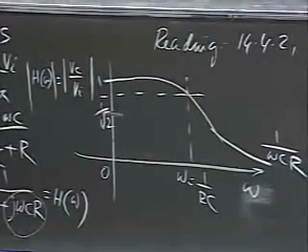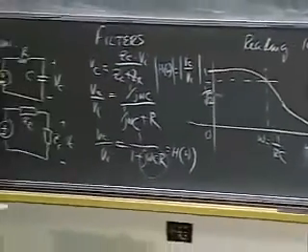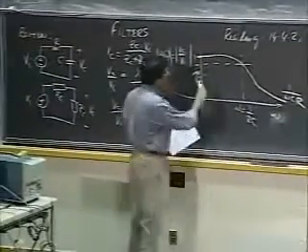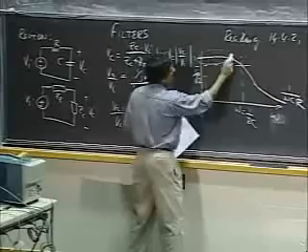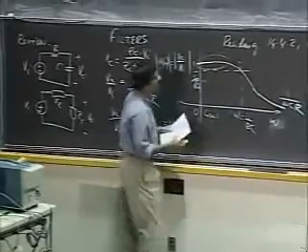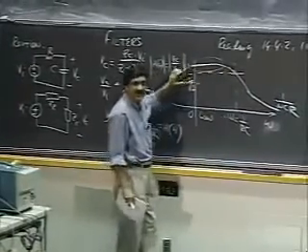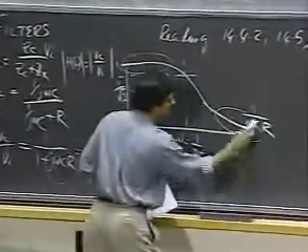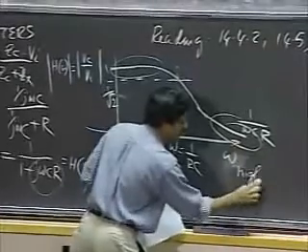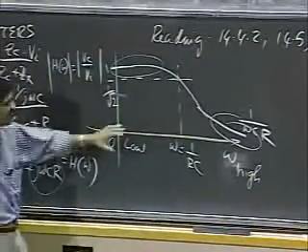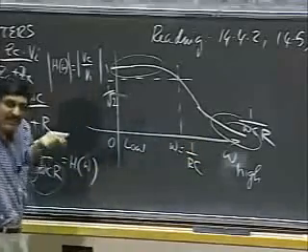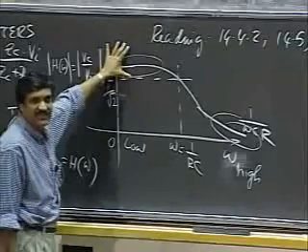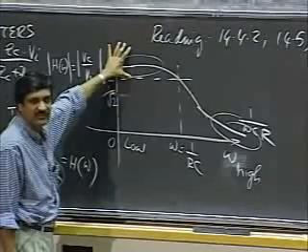Now, when I apply very high frequencies, the output decays. So this graph says that I'm going to pass low frequencies without any attenuation, but I'm going to clobber high frequencies and give you a very low amplitude signal at the output, while passing the input almost without attenuation at low frequencies.